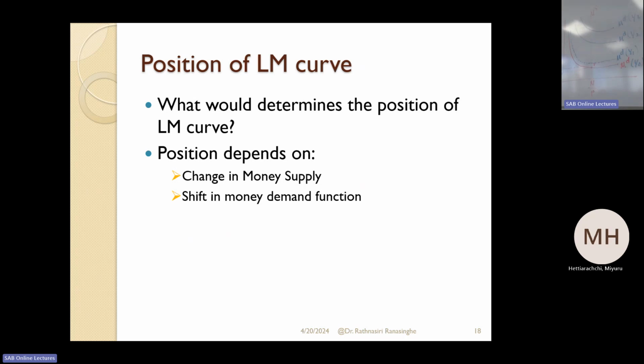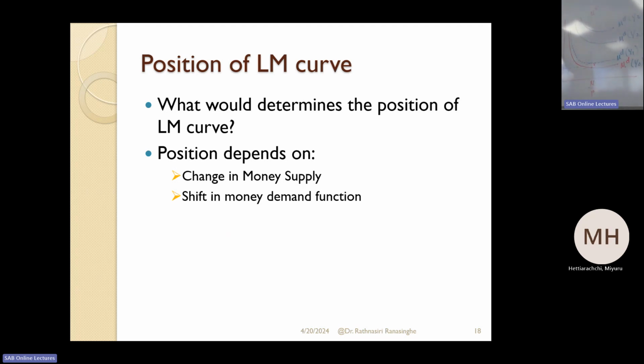Because we derive the LM curve based on the money market equilibrium. The money market equilibrium occurs when money demand equals money supply. Money supply is a policy variable, and money demand we take as C naught plus C1y minus C2r.